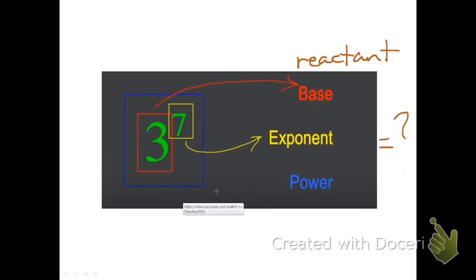Has the rate doubled? Then if it was a base 2, the exponent would be 1. If it's a base 3 and it's tripled, it goes to the first.